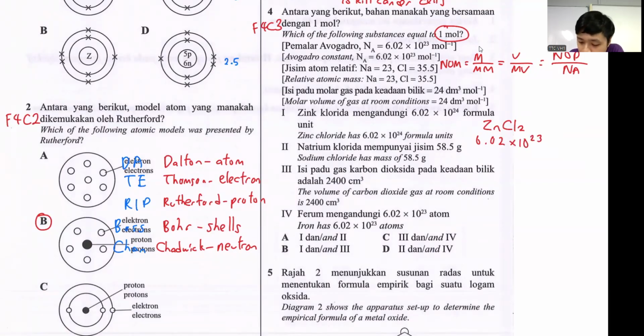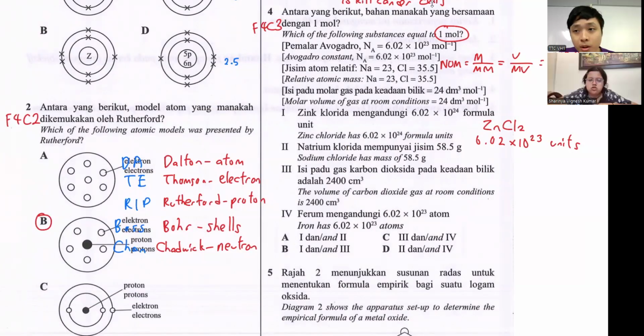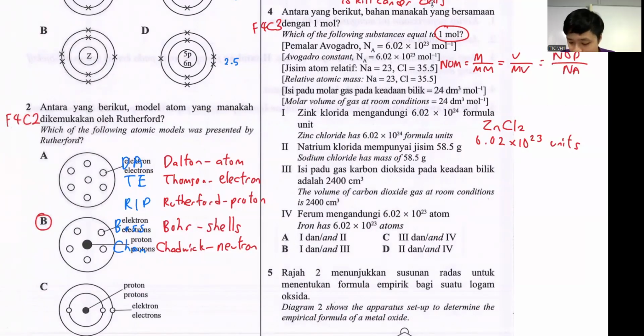If you multiply by 1 mole, we get 6.02 times 10 to the power of 23 units. If they ask how many ions, you just multiply by 3, because zinc chloride has 3 ions. You might ask, how do you get 3? Zn2+ has 2 and Cl minus has 1.